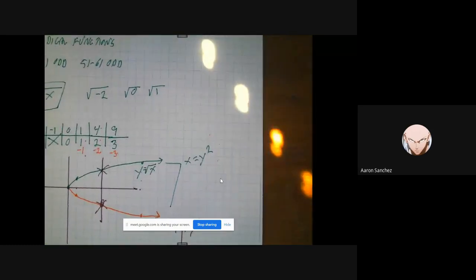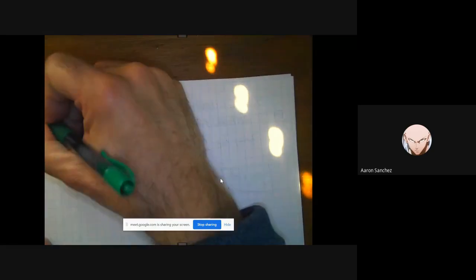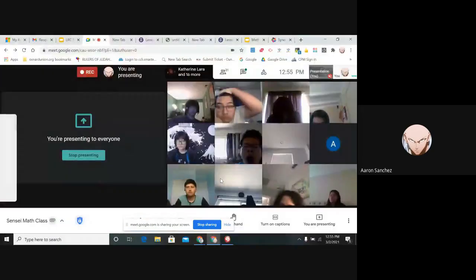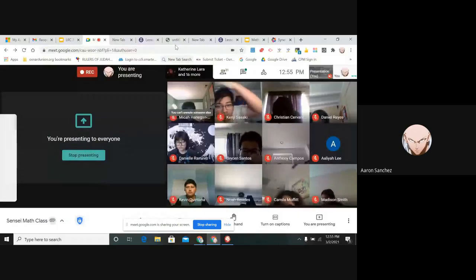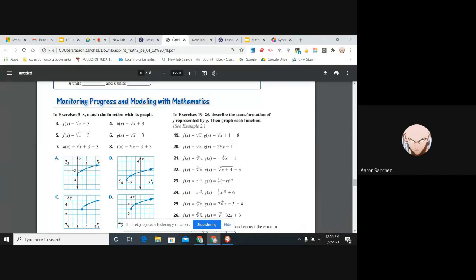Okay, so let's do number 3. So remember that we don't graph the negatives in the square root, or else it will not be a function. Okay, number 3. Now that we know everything that we know. Okay. f of x, we got to graph it, equals square root of x plus 3.